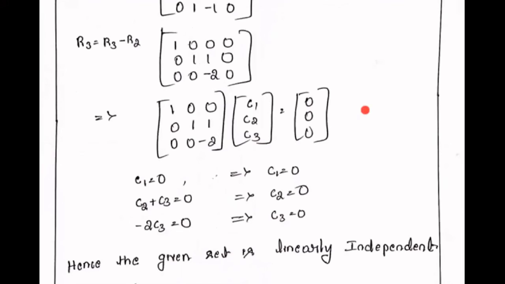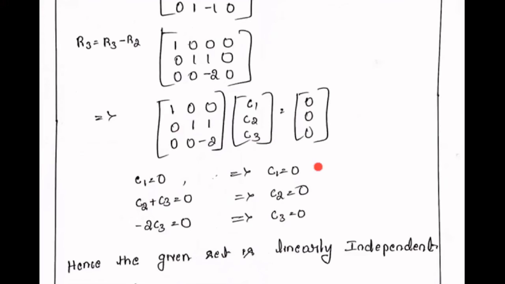Now if you try to observe this, if you multiply the equation, C1, C2 is 0, C3 is 0. So C1 is equal to 0. What about the second equation? What you get is C2 plus C3 is equal to 0. And the last equation, what you get is minus 2 times C3 is equal to 0. So from the first equation, the implication is C1 is 0.